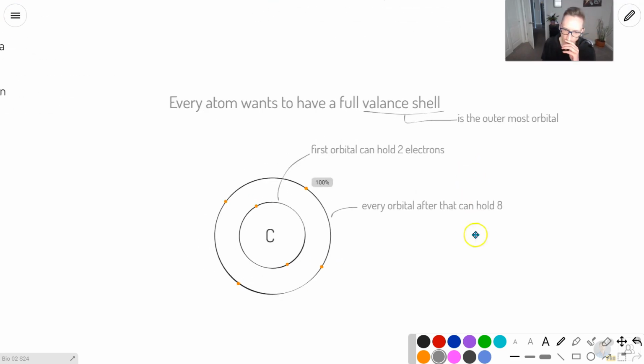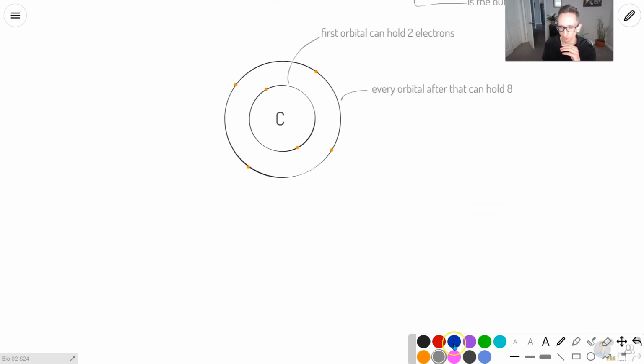Okay, so let's do a couple more of these. We'll start with good old hydrogen, our good old pal hydrogen. So we've got hydrogen, we've got our first orbital, and hydrogen's atomic number is 1.